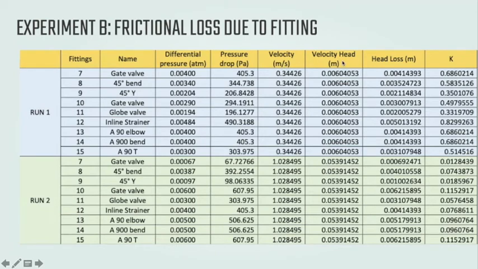All of these can also be calculated using specific formulas, and here are the K values that we calculated. One thing to be noted is that some of them have slightly larger K values, while some of them have very small K values. This is due to the shape of the fitting.